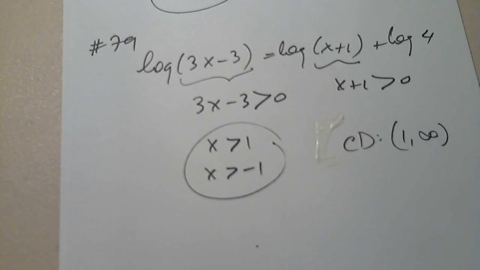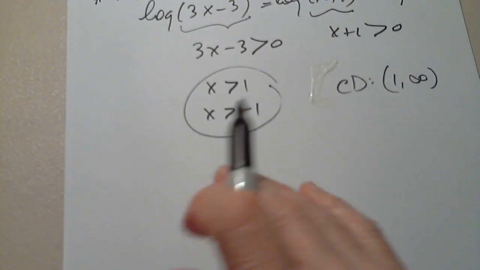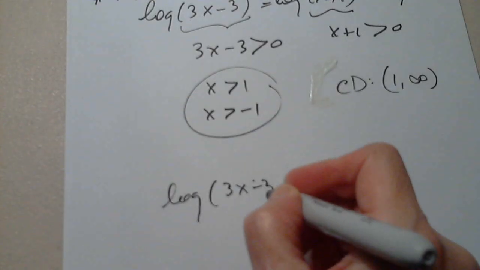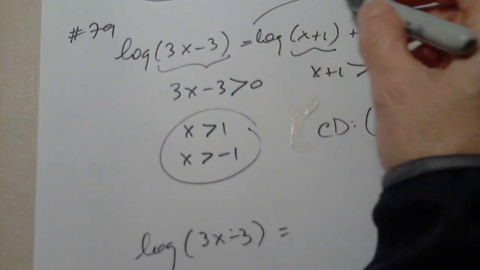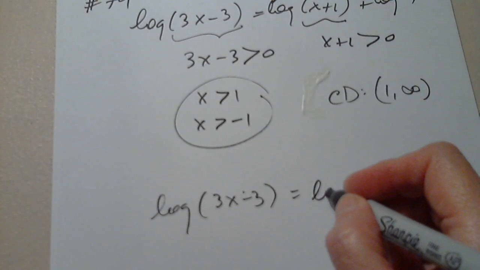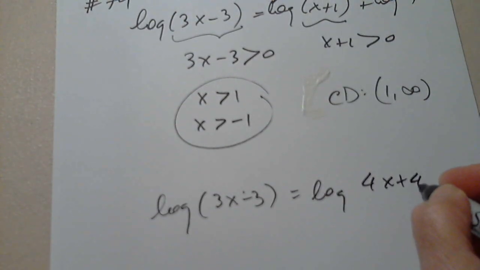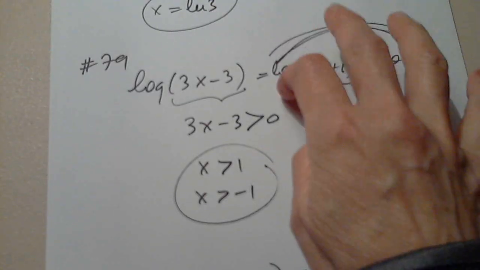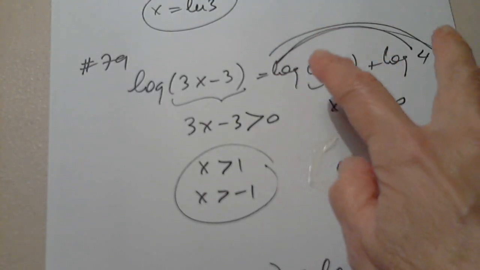Okay. So the left-hand side is log of 3x minus 3. The right-hand side, if you remember how to condense this, is log of 4x plus 4. How do I know? Log plus log is log of the product.